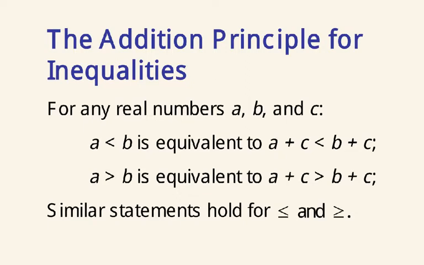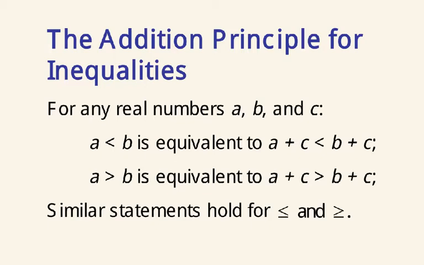Okay, some more vocabulary just for fun. We're going to do a couple of rules about inequalities. The addition principle for inequalities: you can add any real number to both sides of the inequality and not change the inequality.